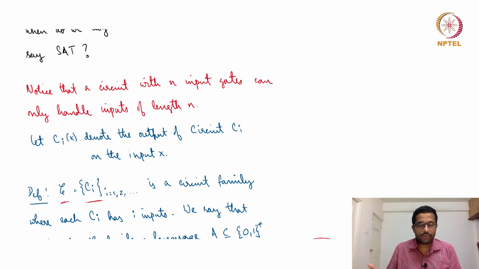If we run a Turing machine that tests palindrome, you could give it any length input and it will take care of it. Whereas circuits need a specific circuit for each input size.